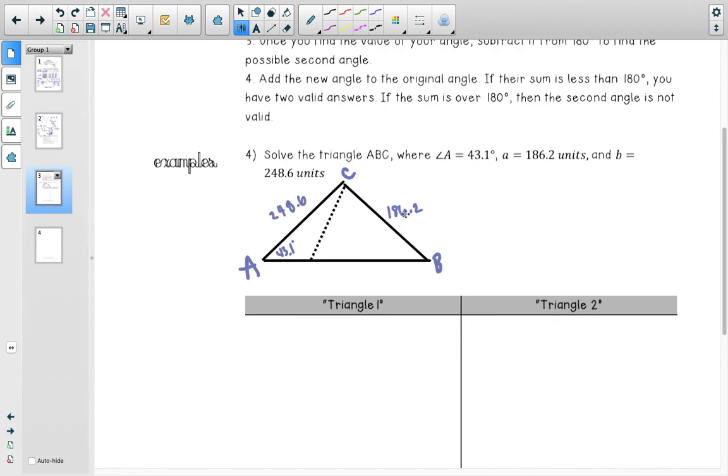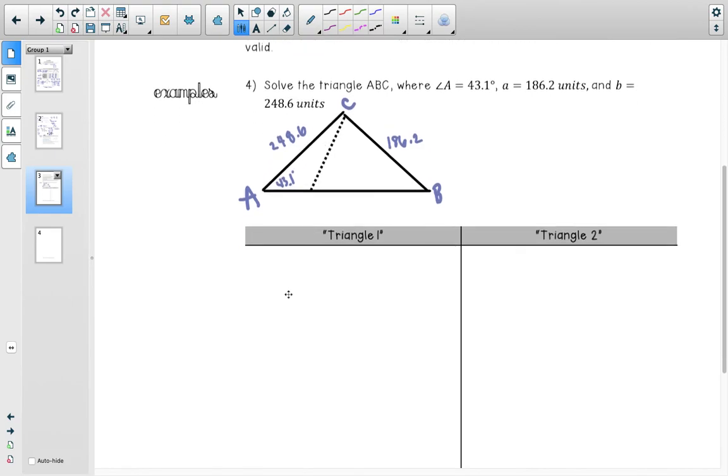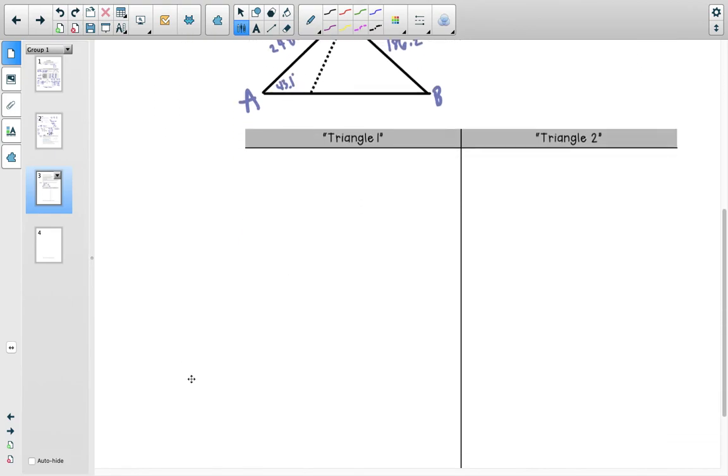So if you notice, side, side, angle, okay? If we were to start this problem, we're just going to assume we're working with triangle 1, okay? So A, B, C. We're going to act as if we have just one triangle we're working with and not two. So we have 43.1 for angle A and 186.2 for side A.